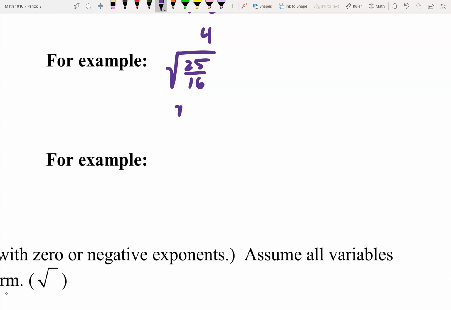But if I write them separately, that's the square root of 25 over the square root of 16. Everybody tell me, what's the square root of 25? 5. And the square root of 16 is 4. So together it was bad, but then I separated it, and it was good. Who says I'm with you? I'm good with this. Okay, great.